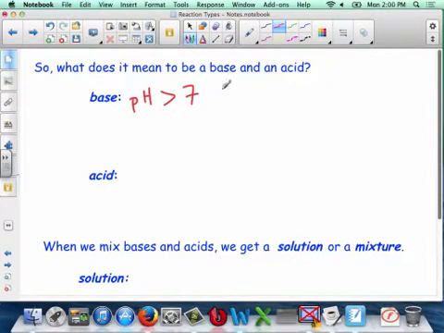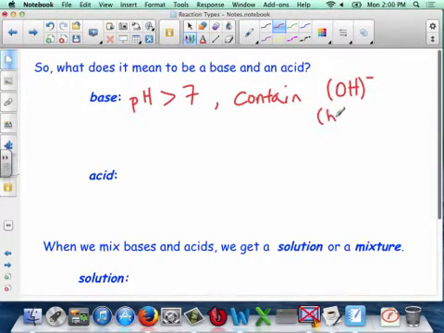But what I want you to know is that in their compound, they contain OH negative. That's called a hydroxide compound.